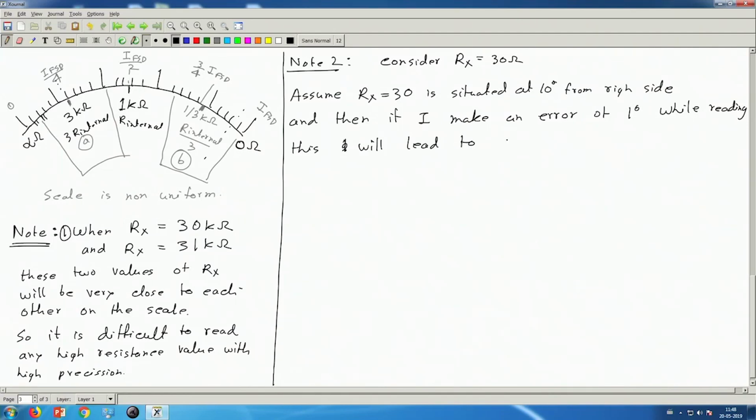So this will lead to 10% relative error, or percentage error, you can say, 10% error in measured resistance. Okay, and I can make a 1 degree error due to parallax error. So once again the conclusion is low value of resistance is difficult to measure.